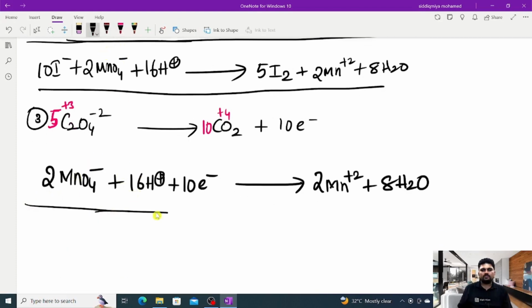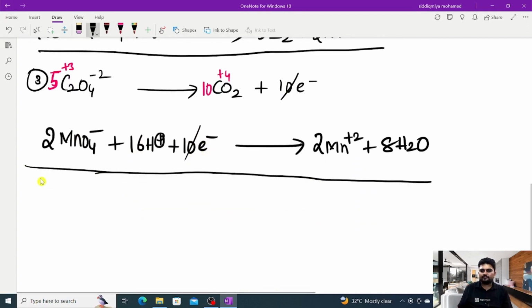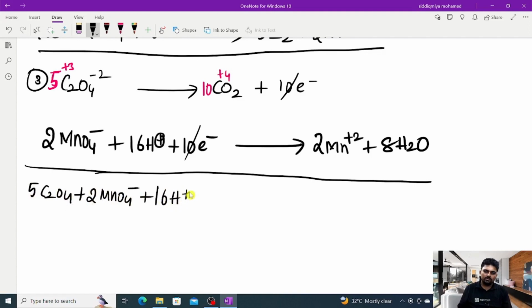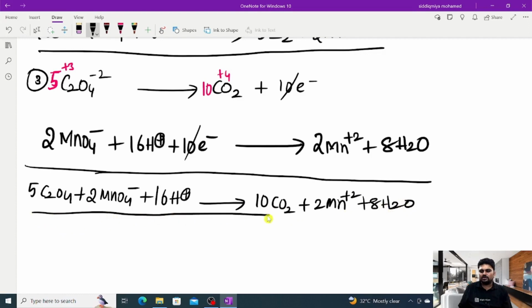What will happen here? 10 electrons will get cancelled. So you will get 5 C2O4 plus 2 MnO4 minus plus 16 H plus, it will give 10 CO2 plus 2 moles of Mn2+ plus 8 H2O. Got it, students? Very easy.